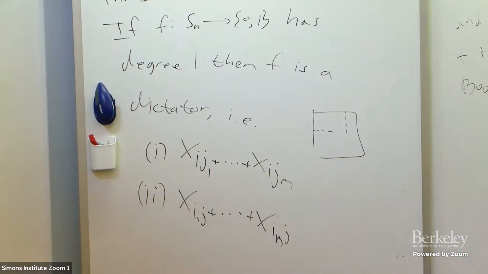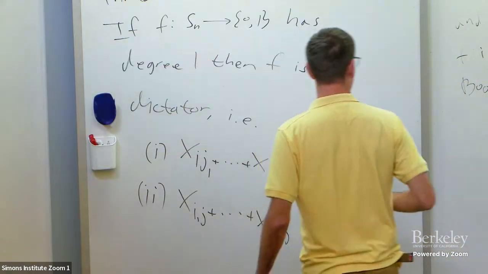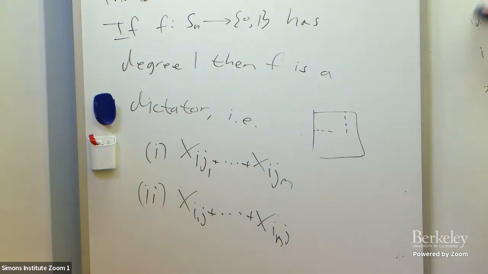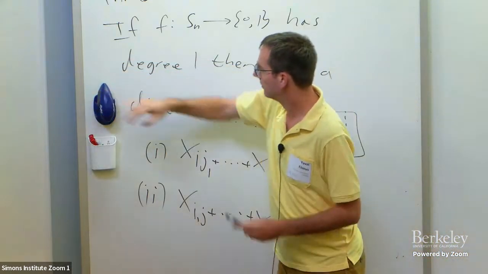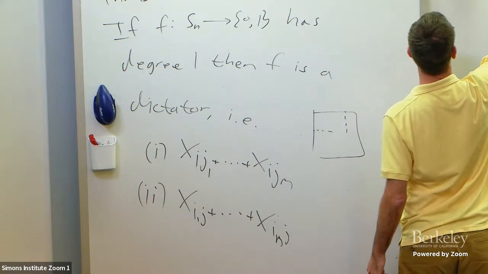Okay, and you can guess what the FKN theorem will say. We'll start with the corollary. This is a corollary of the theorem.